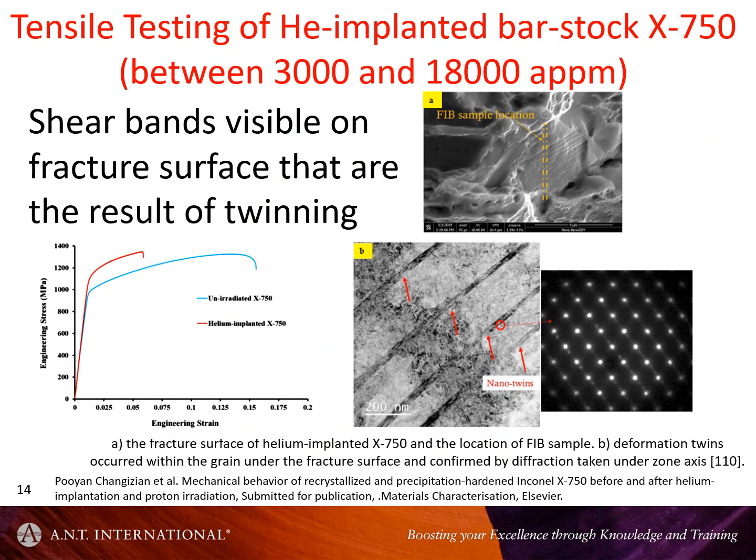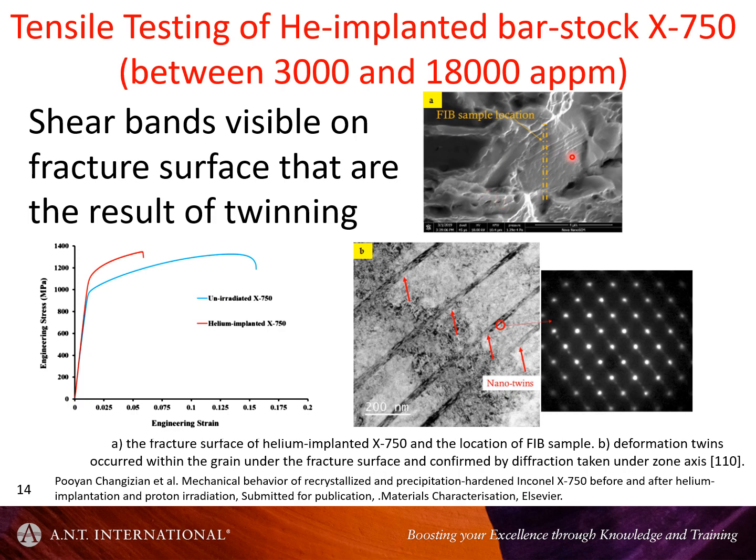And here's an example of what I was talking about. So here's some work from a colleague of mine, Puyan Changizian, who did some very nice work at Queen's, looking at Inconel X750, where you do some helium implantation. We want to simulate what goes on with Inconel X750 in the CANDU reactor.